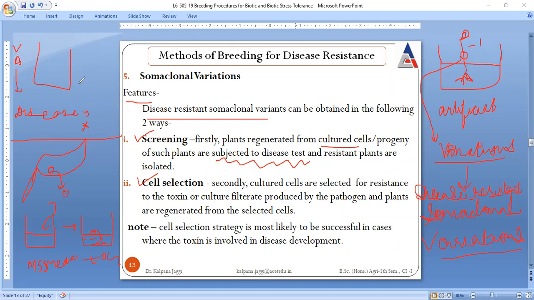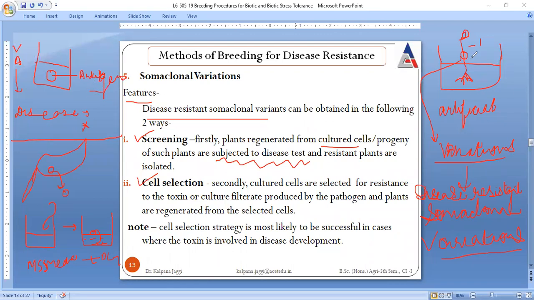So what you will do is add here the antigen, any foreign microorganism that causes the disease.